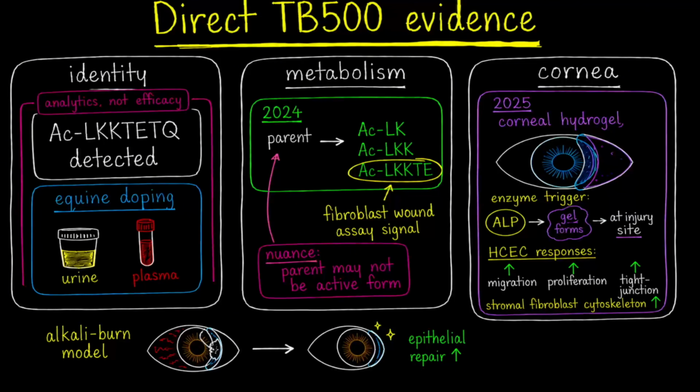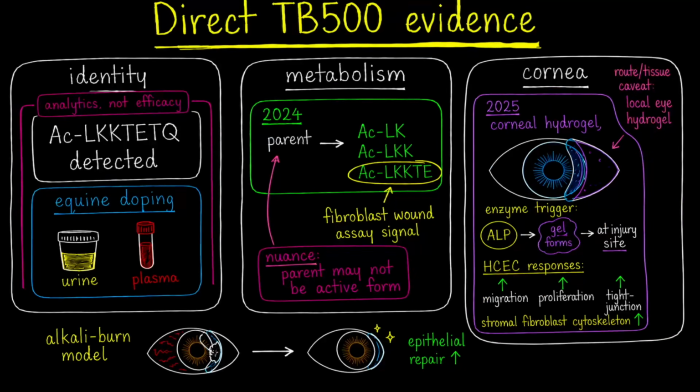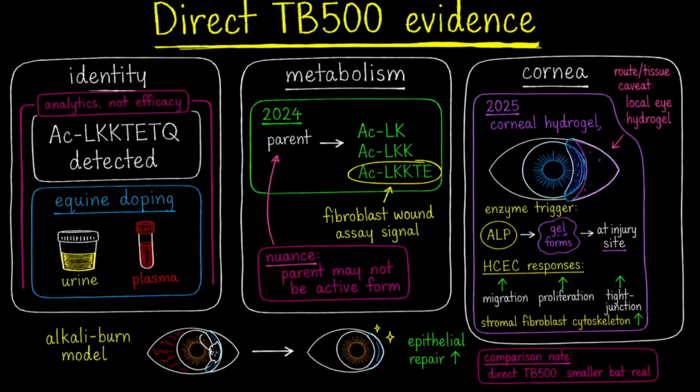And so overall, that was their main takeaway from their corneal study here. And this just makes the result a bit stronger than a Petri dish only experiment. So that's the direct TB-500 evidence. And the summary is that the bucket for direct evidence is pretty small, and it's quite a bit smaller than the thymosin beta-4 literature here.